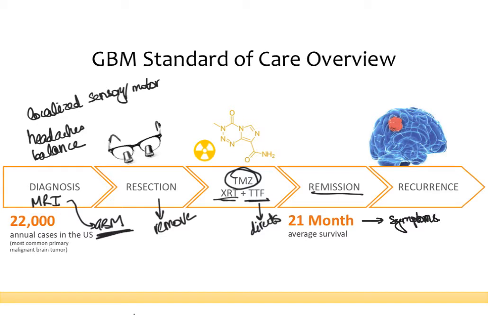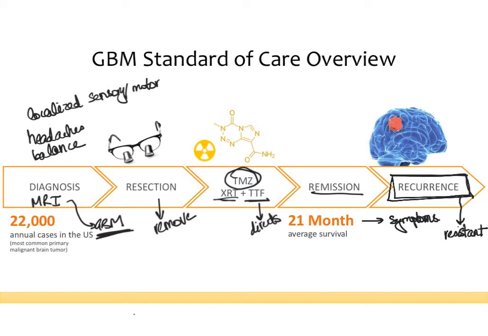And now this patient has a recurrent tumor. And although we may go through the cycle a few times where they have a tumor and they're able to go through temozolomide and radiation, eventually this recurrent tumor is a tumor that is highly resistant to therapy. And so giving TMZ, giving radiation has no effect on the tumor, and that tumor is ultimately fatal for the patient.